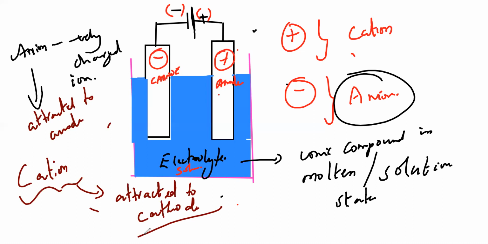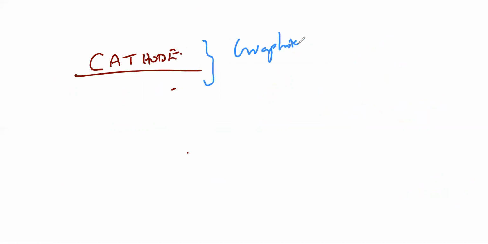So what is an electrode? If you ask me what a cathode or anode is, it is mainly a graphite rod which helps to conduct electric current.